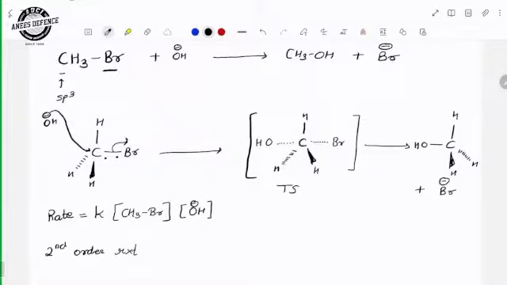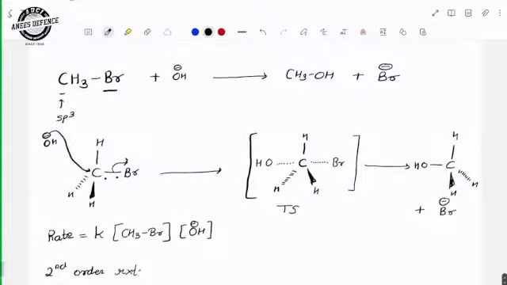reaction. What do you mean by second order? When in the rate determining step, or we can say in the slow step, two reactants are participating in this reaction, then that reaction is known as a second order reaction. If one reactant is participating, then that would be a first order reaction. Fine.